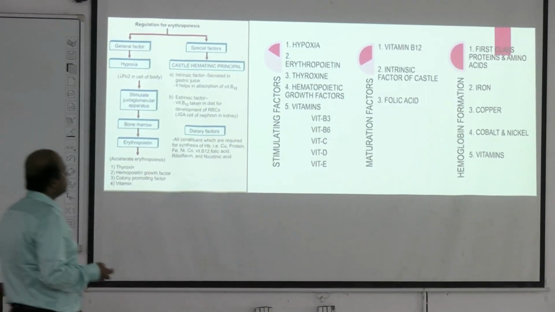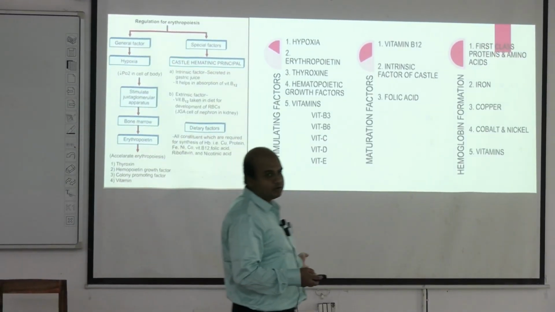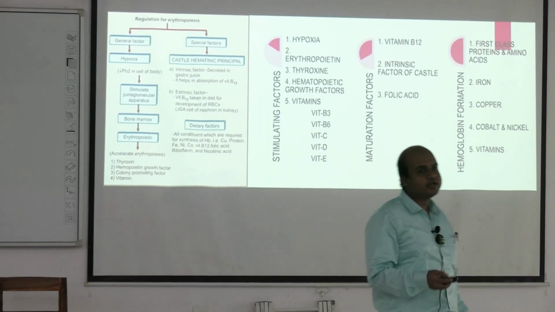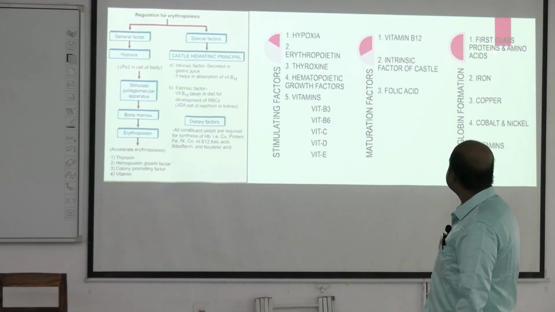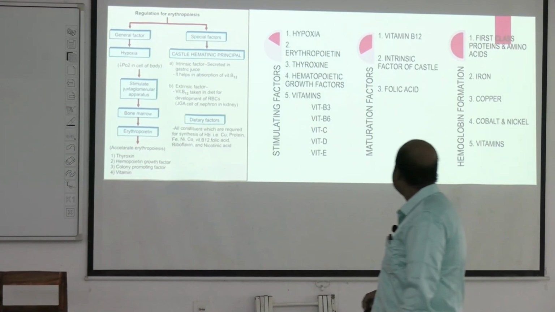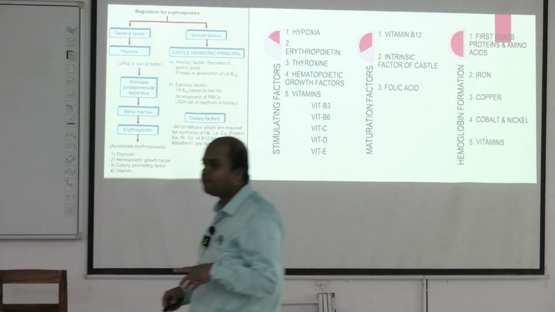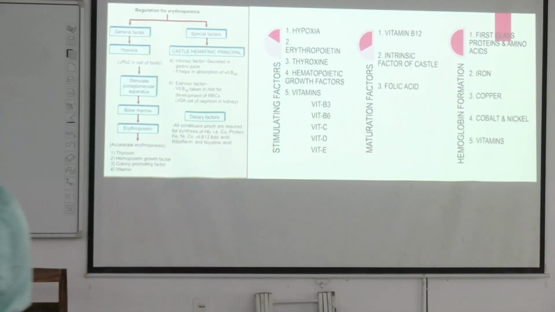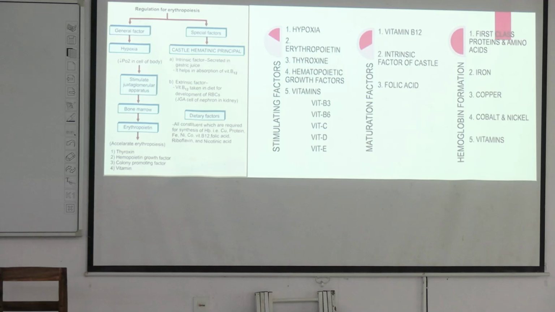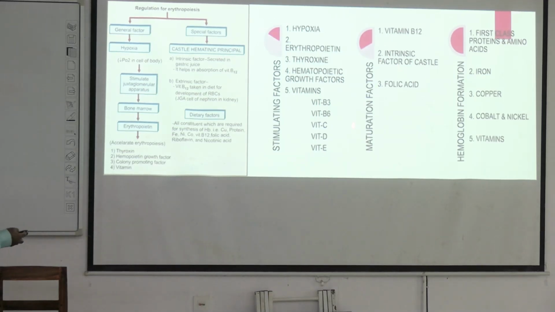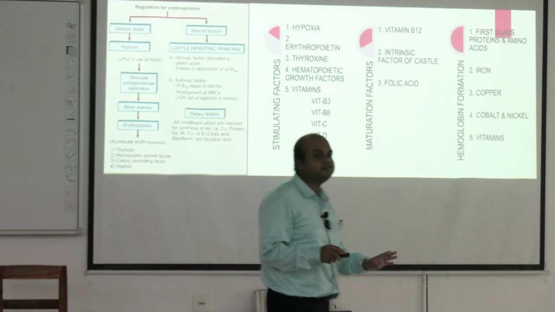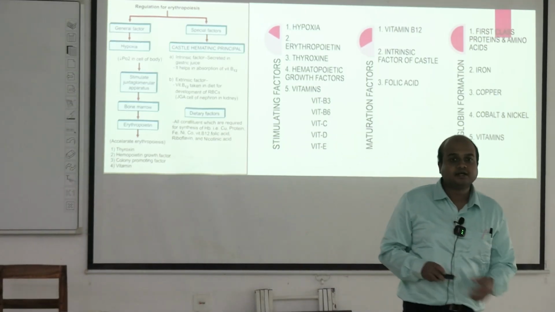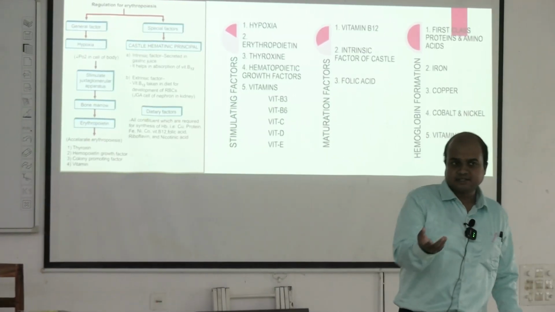Regulation of erythropoiesis: hypoxia, as we have already said, and erythropoietin. There are also some factors influencing heme synthesis: first class proteins, amino acids, and some metals, iron, copper, cobalt, nickel. Maturation of hemoglobin is also dependent on dietary factors like vitamin B12, folic acid, and one factor called Castle's intrinsic factor.